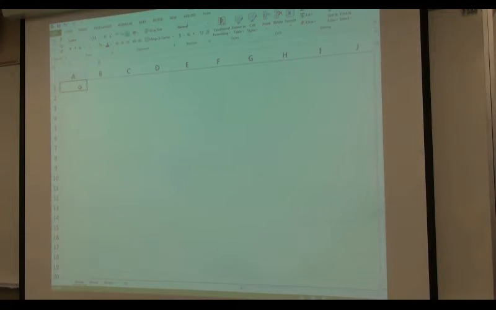This is the raw data, velocity. So velocity is 3 feet per second, 11, 17, 20 feet per second. So those are the velocities, the test conditions.